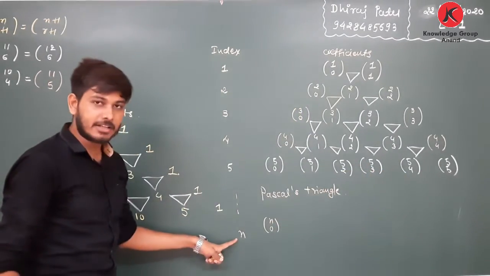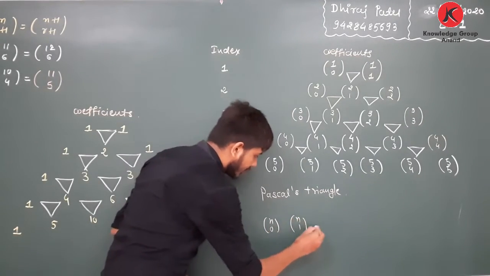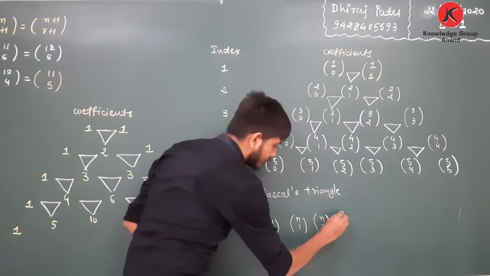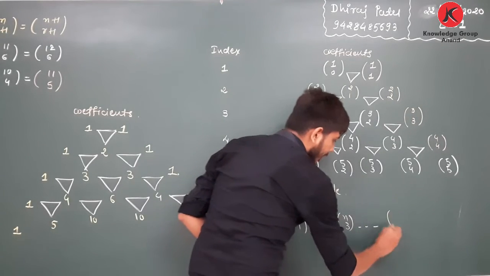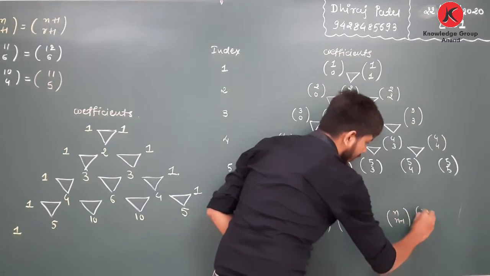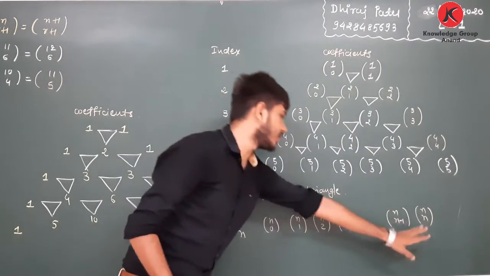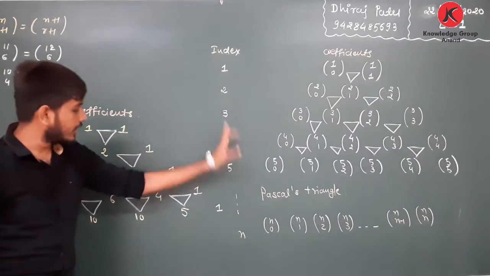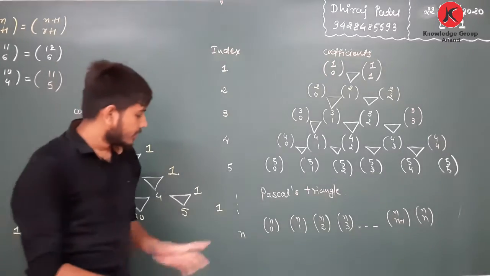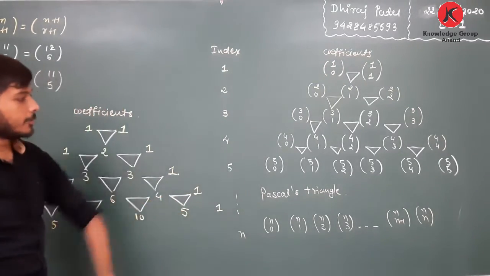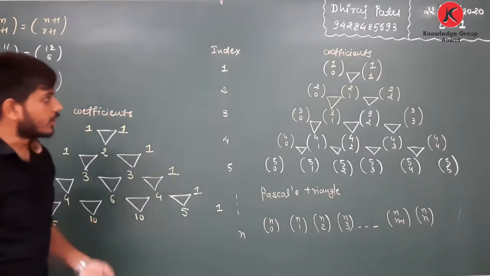If the power is n, then we can write NC0, next coefficient NC1, next NC2, next NC3, up to NC n minus 1 and the last one is NCn. These are the coefficients of power n or index n of a plus b raised to n. Okay, we have to write down the formula for a plus b raised to n. Later on we will see it.